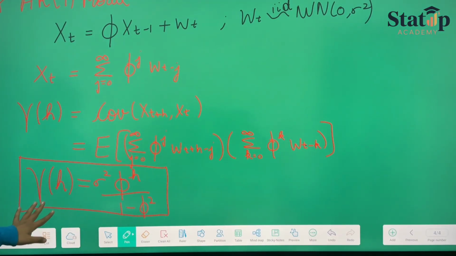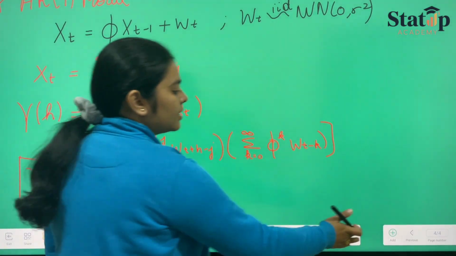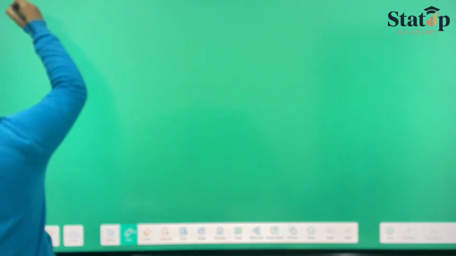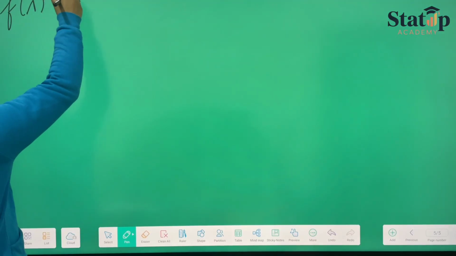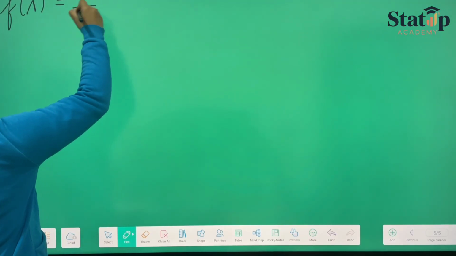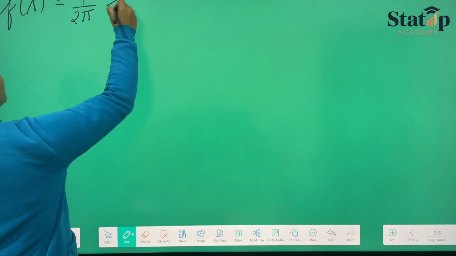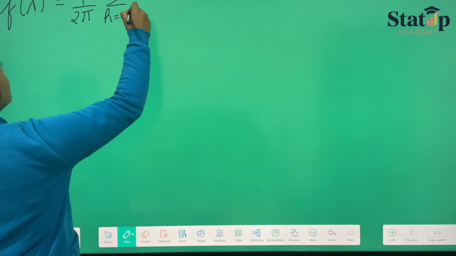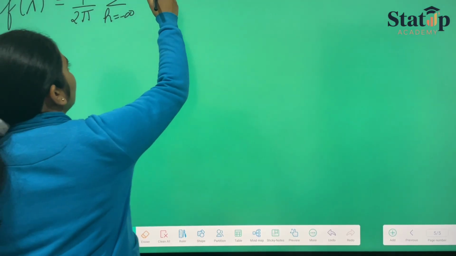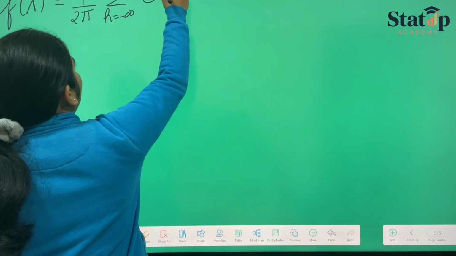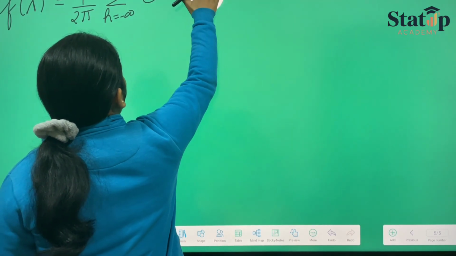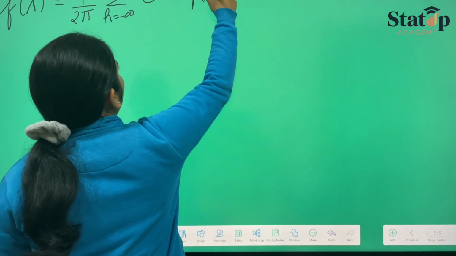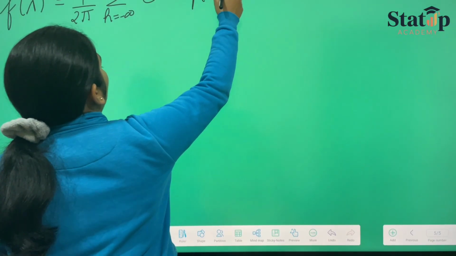Okay, now here we have to find the spectral density function. We can write the derivation of the spectral density function. We know that the spectral density function can be written as 1 upon 2 pi summation of h goes from minus infinity to infinity e raised to the power minus i h lambda gamma(h).